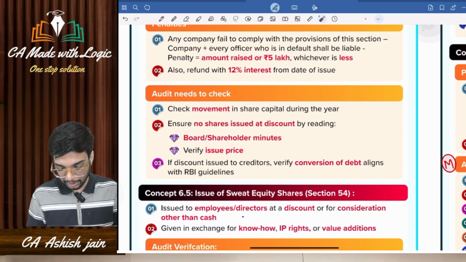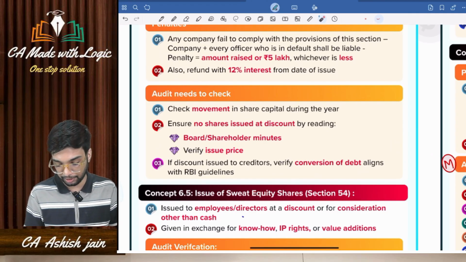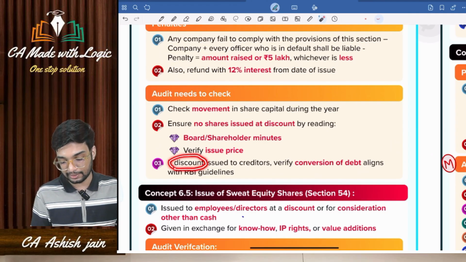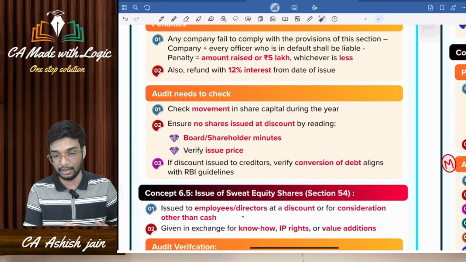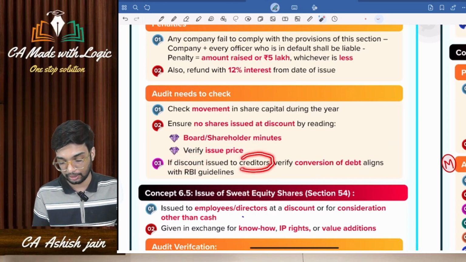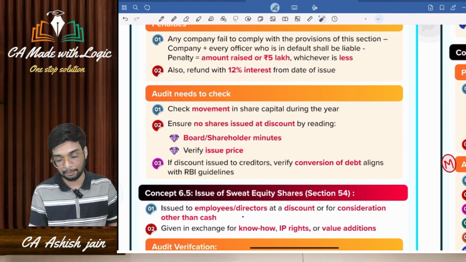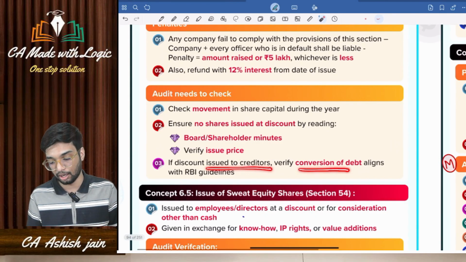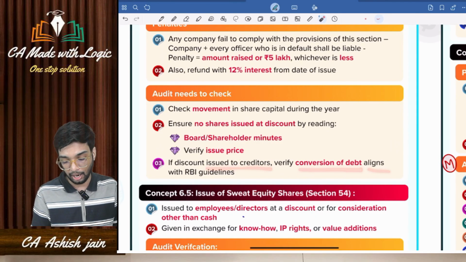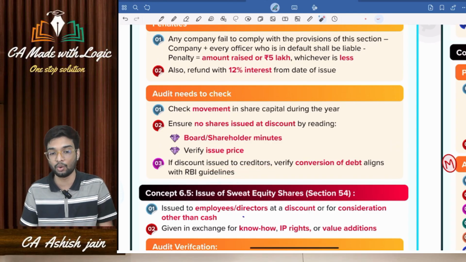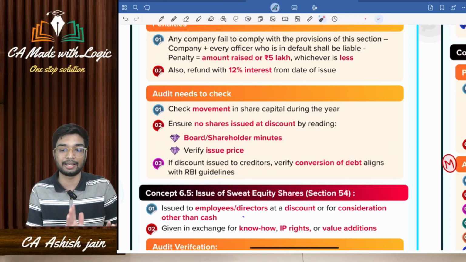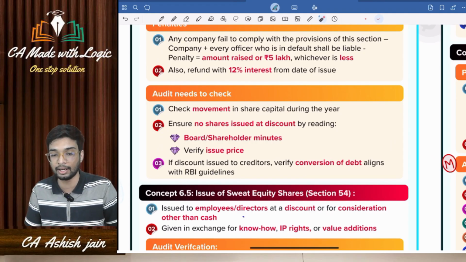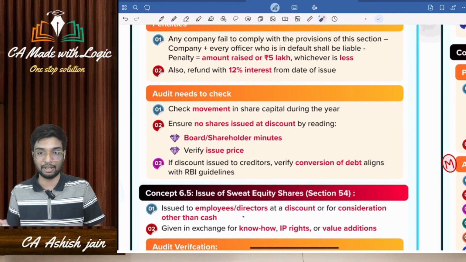Shares at a discount can be issued only to creditors. The auditor has to verify that the conversion of debt aligns with the RBI guidelines, and check and verify it. This is only in case of conversion of debt.